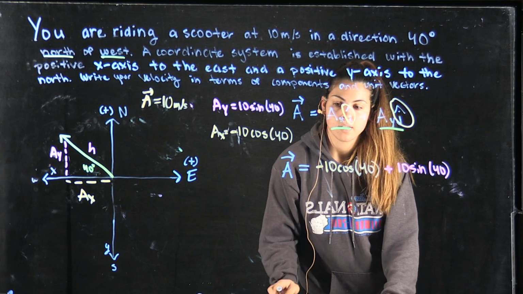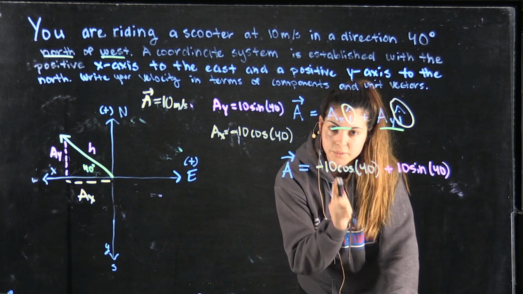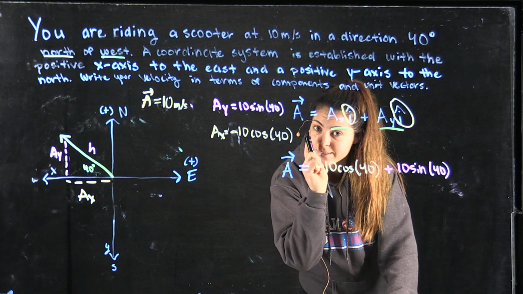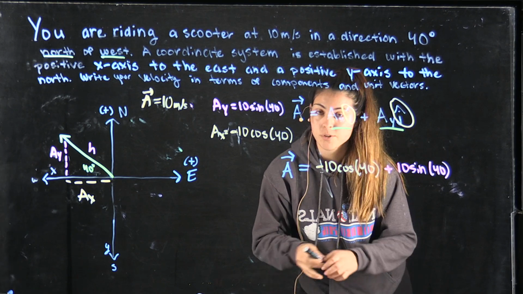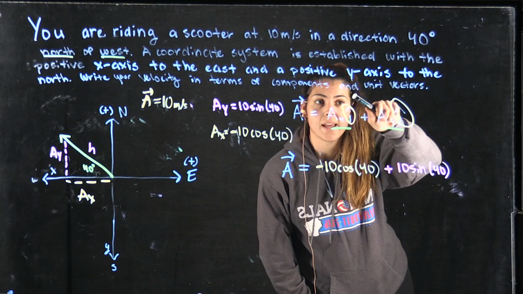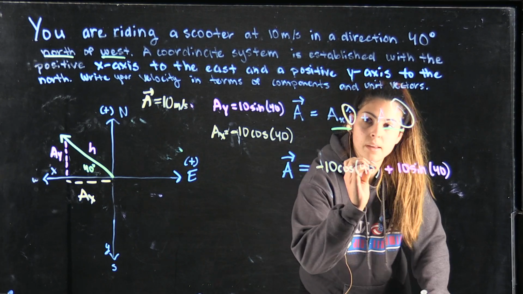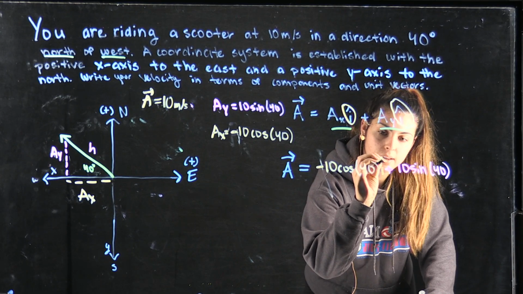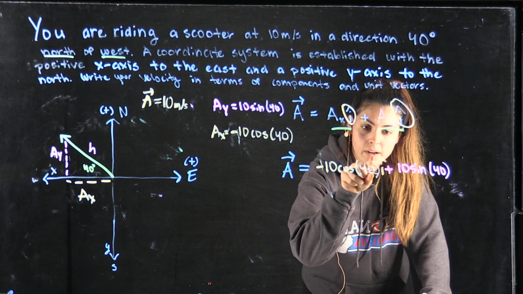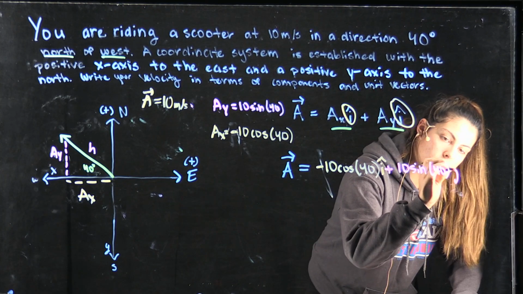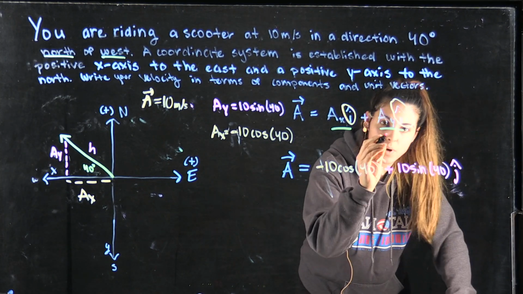Not perfect, we forgot the unit vectors. Don't forget to carry those, since we're trying to write in components and unit vectors. We need that i for the x, i always goes with x, and the j, j always goes with y.